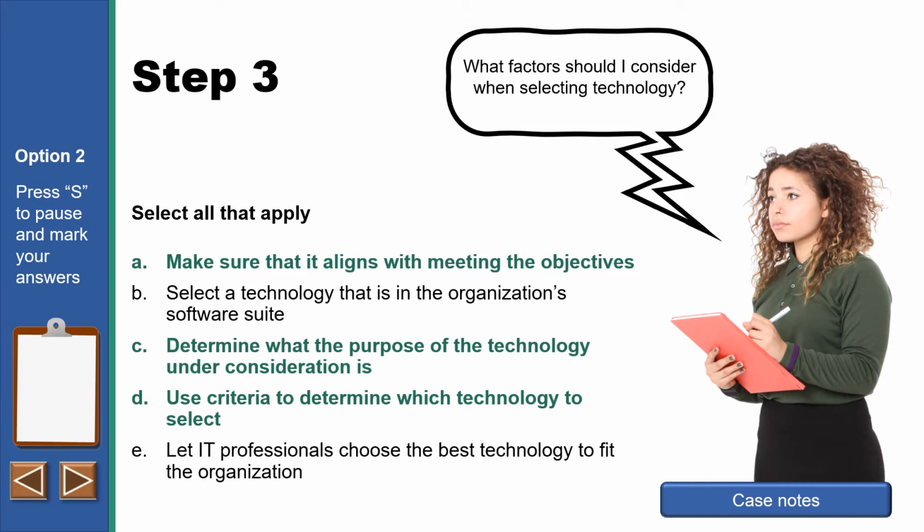And then the last one, let the IT professionals choose the best technology to fit the organization. They said consult with IT professionals, but in my own words, take responsibility for it fitting the learning objective.